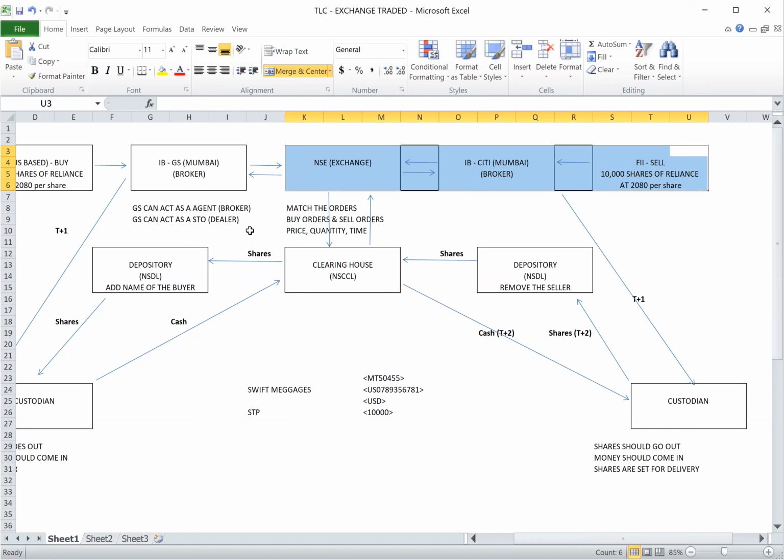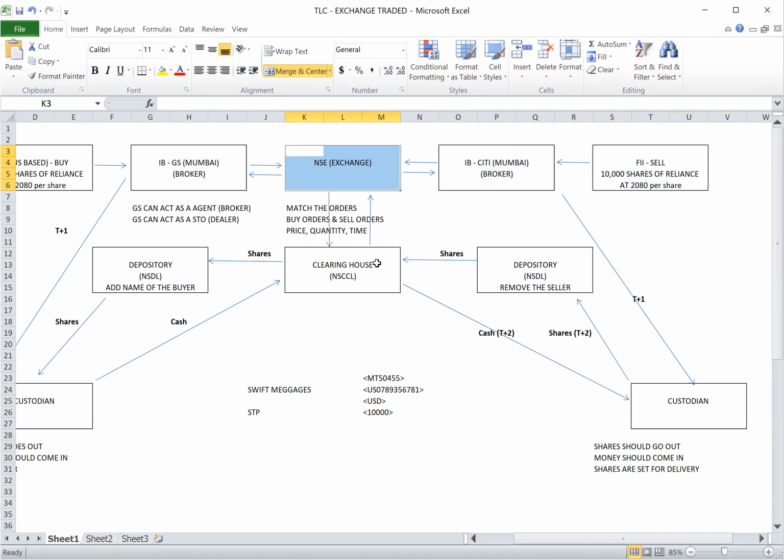Let's say they reach out to Citi in Mumbai to help them in selling the shares. So Citi Mumbai will also place the order with NSE. So both the buy orders and sell orders are coming where? To NSE. Is it clear to everyone? Yes, sir.